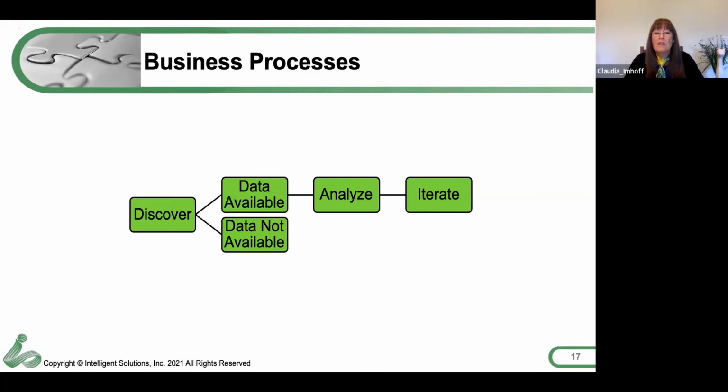Now, next in the process is a fork. Is the data or analytic asset available, or is it not? If it is available, then the business user can quickly access it, or at least figure out how to get access to it, submitting a request, for example, for permission to access that particular piece of data.